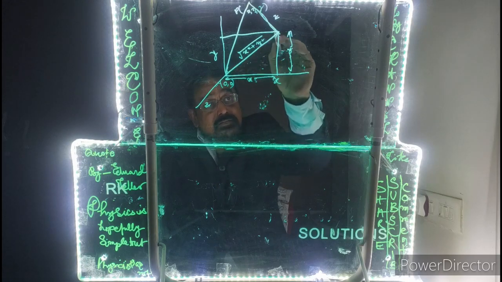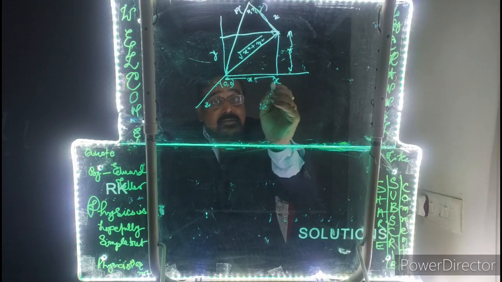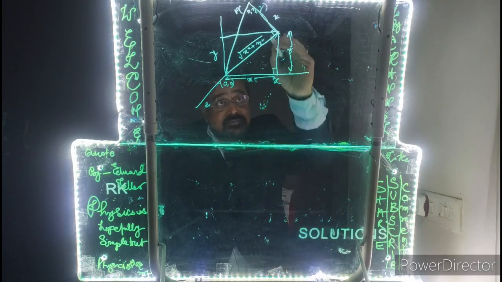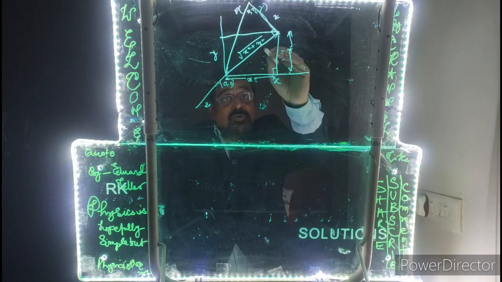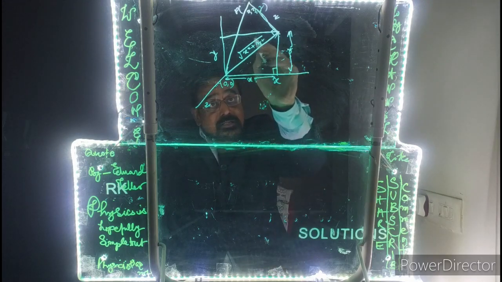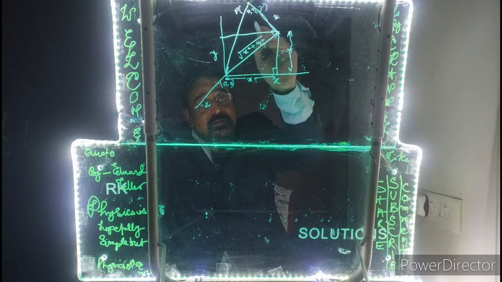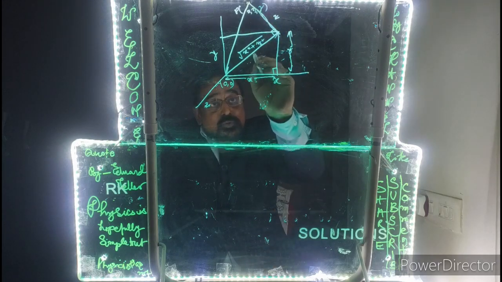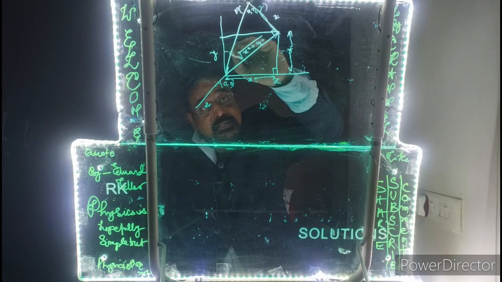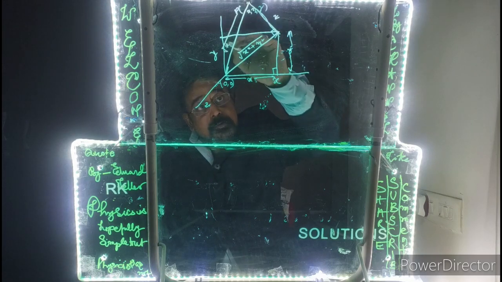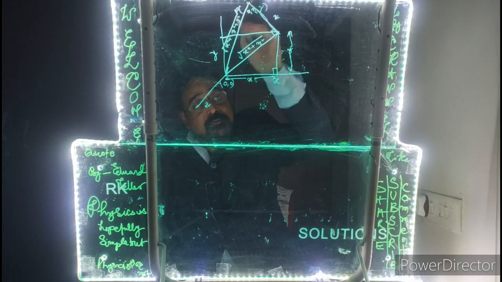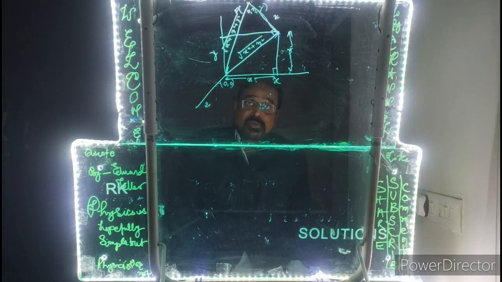This was a rectangle, this was a rectangle, this is a rectangle, and now if you take the hypotenuse of the next rectangle, this distance will be given by root of x squared plus y squared plus z squared, right?